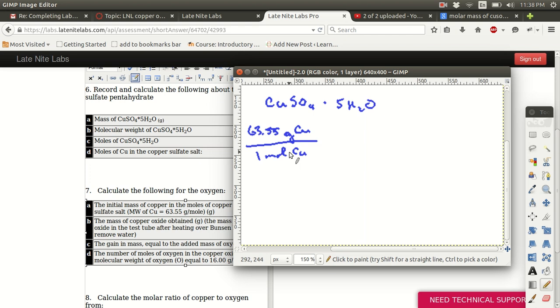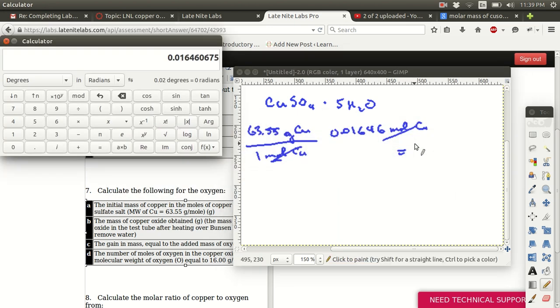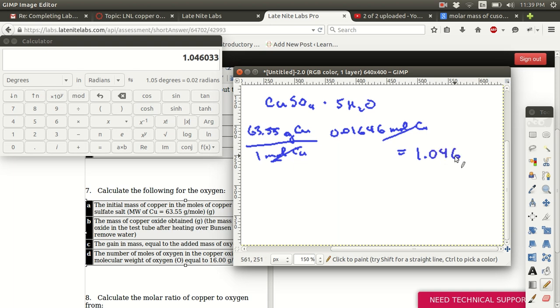Now, how many moles of copper did I have? Well, I just figured that out, didn't I? So it was 0.01646 moles of copper. So this neatly gives me the grams of copper that I had there, 63.55 times 0.01646, and that was 1.046 grams of copper.